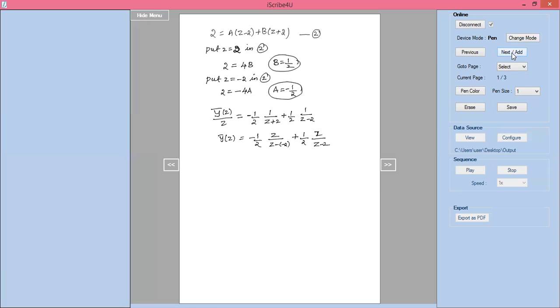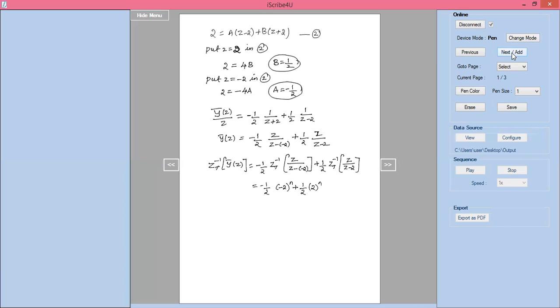If you apply z inverse, y bar of z, z inverse of y bar of z equal to minus 1 by 2 into z inverse of z divided by z minus of minus 2 plus 1 by 2 into z inverse of z divided by z minus 2. Now I'll write minus 1 by 2 into minus 2 power n plus 1 by 2 into 2 power n.